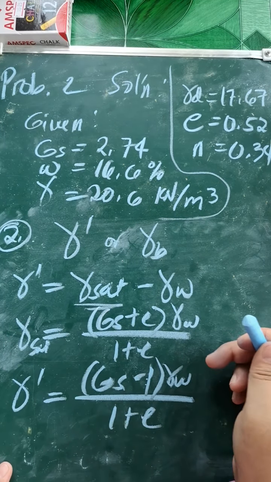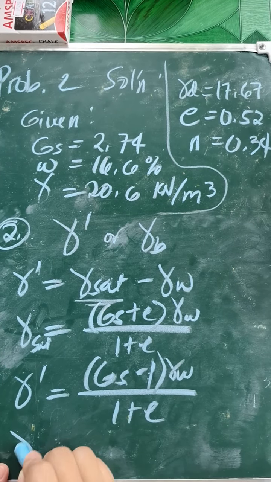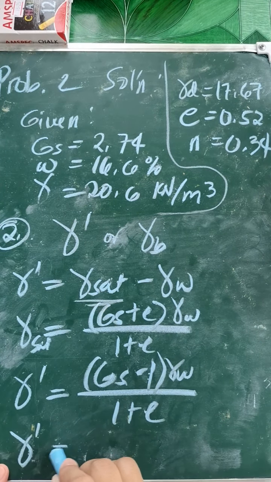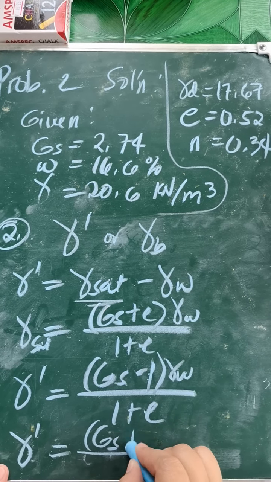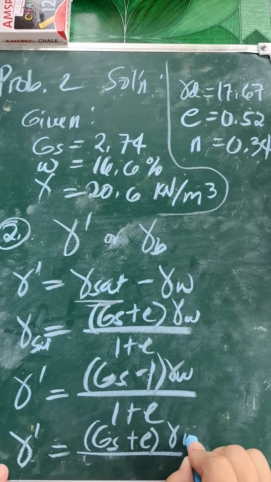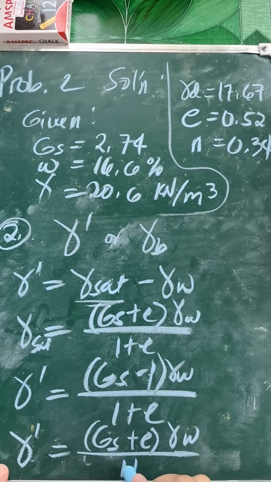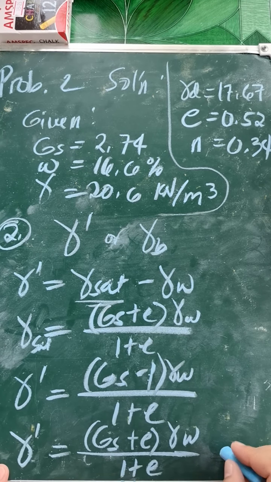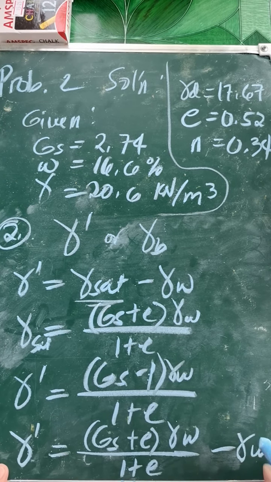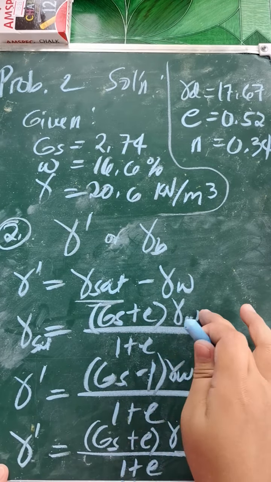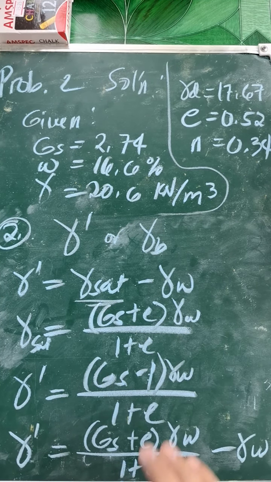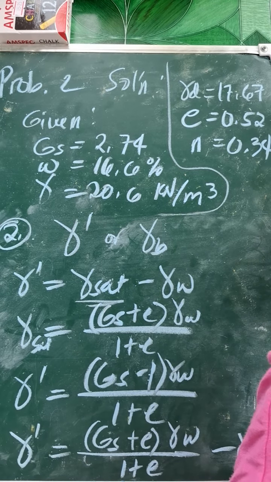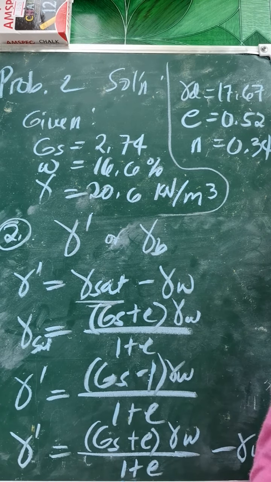We can also use gamma sat, or you may just say gamma prime, which is equals to specific gravity plus E times unit weight of the water over 1 plus E minus gamma water. This one is also from that one. So you can use any of the equations, depends on you.